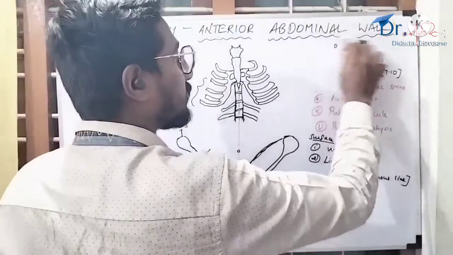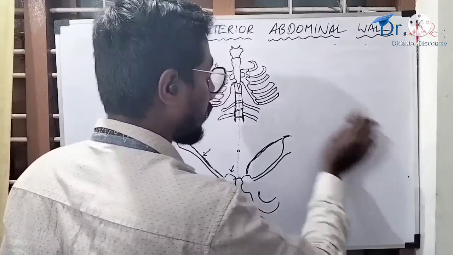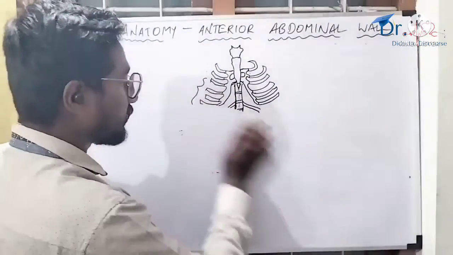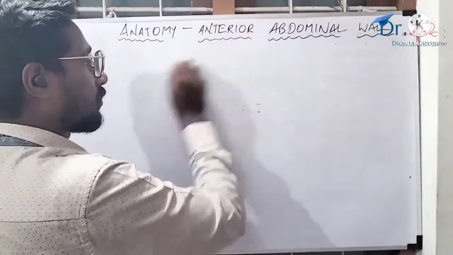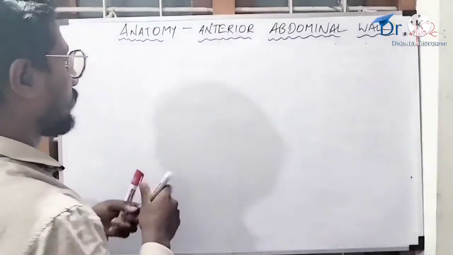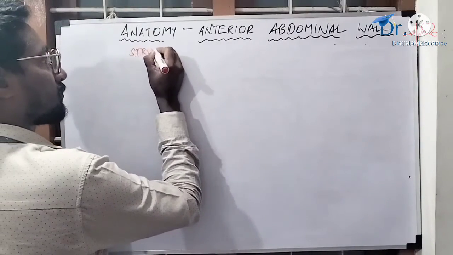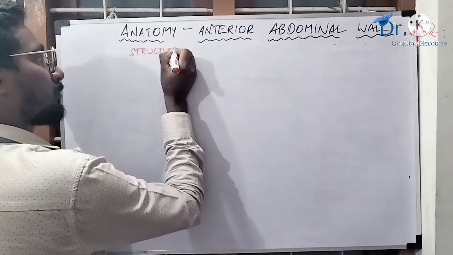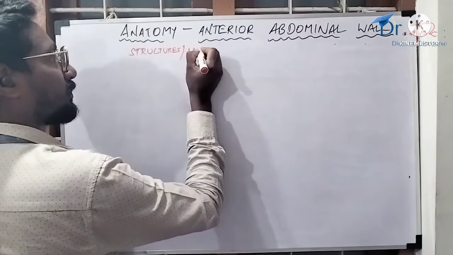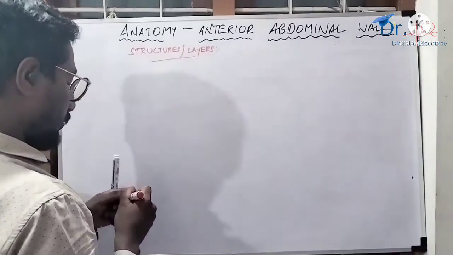Now we'll study about the structures of the layers which comprise the anterior abdominal wall, right? The first layer is always going to be the skin.